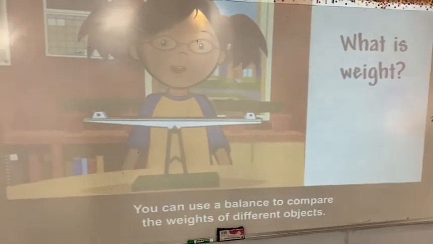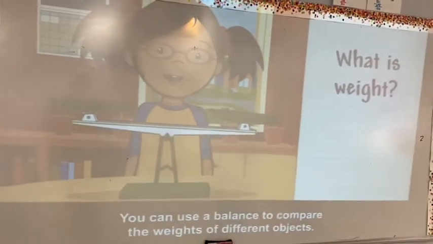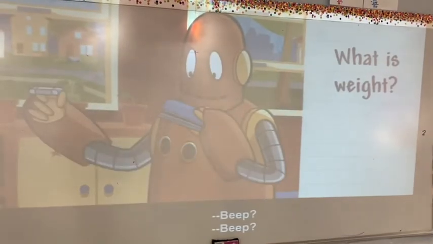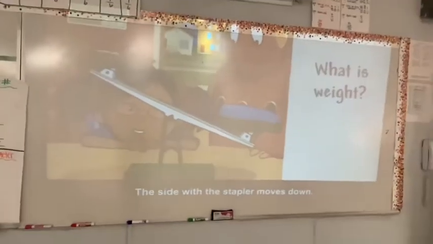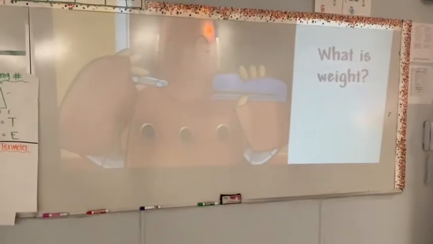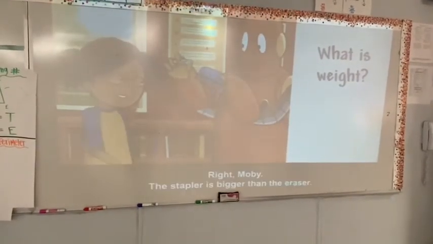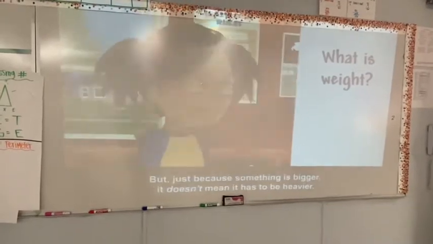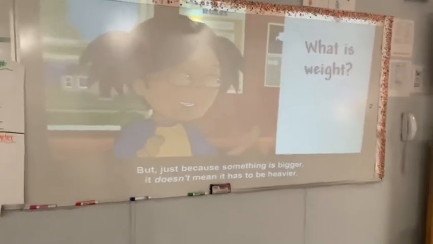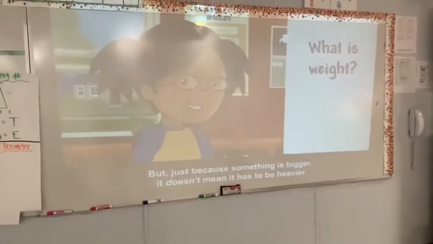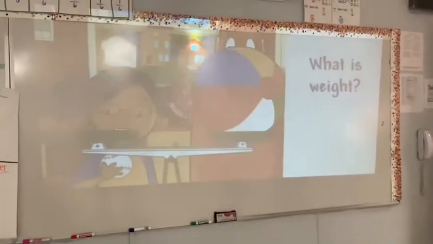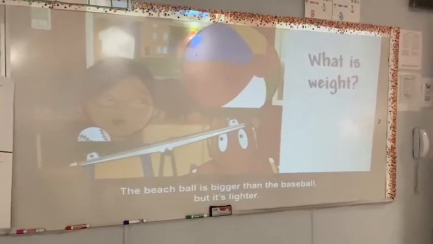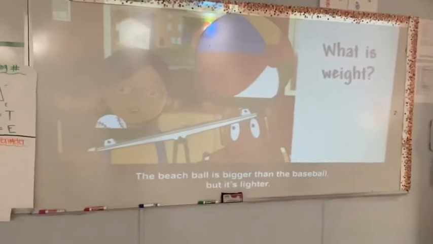Look at little Chihuahua. You can use a balance to compare the weights of different objects. The side with the stapler moves down. That means the stapler is heavier than the eraser. Right, Moby. The stapler is bigger than the eraser. But just because something is bigger, it doesn't mean it has to be heavier. Which ball is heavier? The beach ball is bigger than the baseball, but it's lighter.